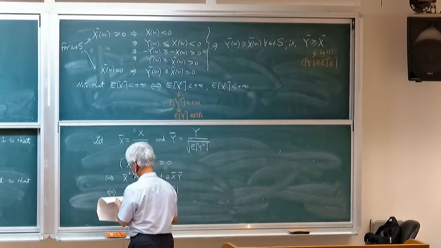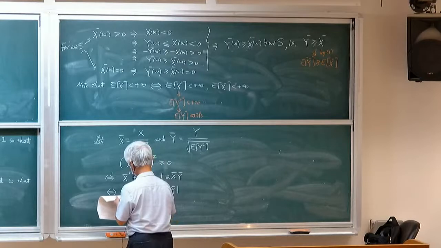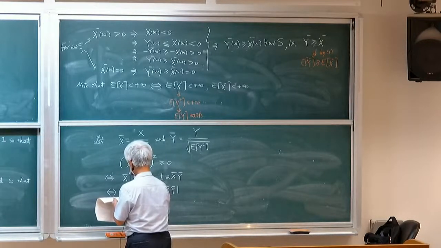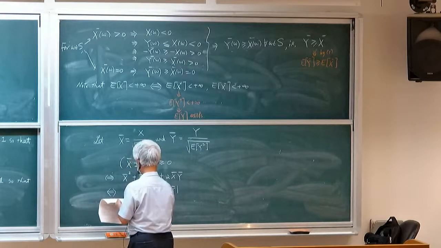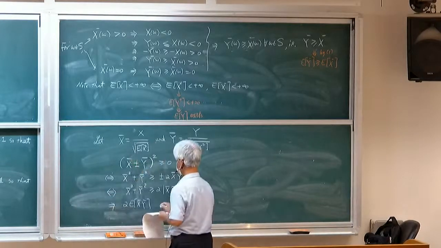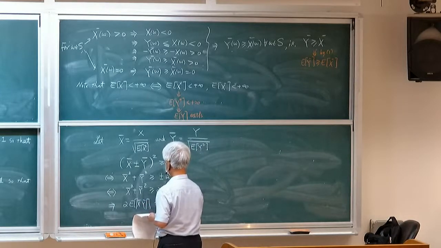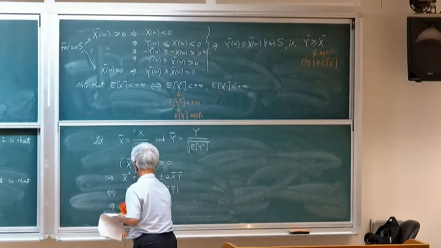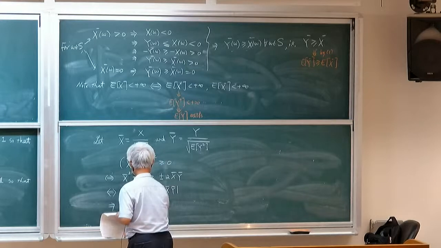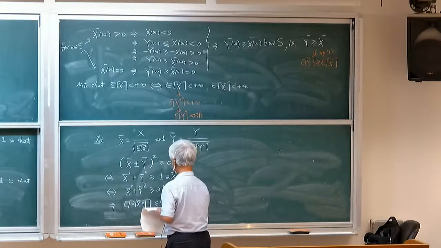So from here, we have that 2 times the expectation of x bar, y bar is then equal to, maybe I just say, expectation of 2 times x bar, that's then equal to expectation of x squared.